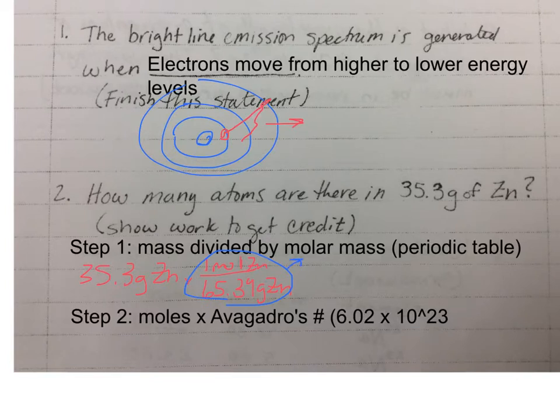So in the calculator, you should be putting 35.3 divided by 65.39. And that should give you 0.5398, I think.